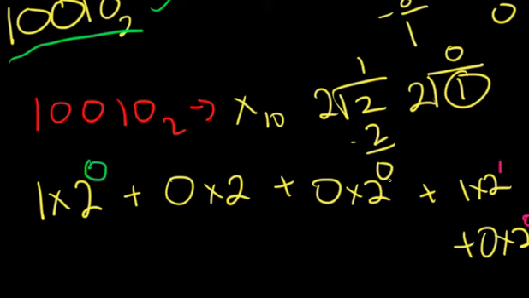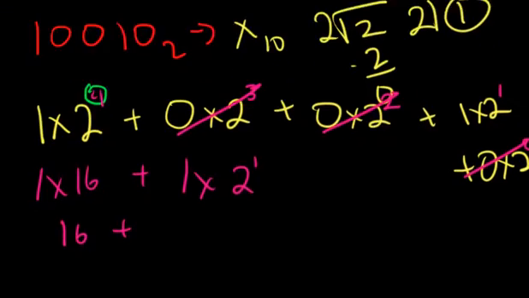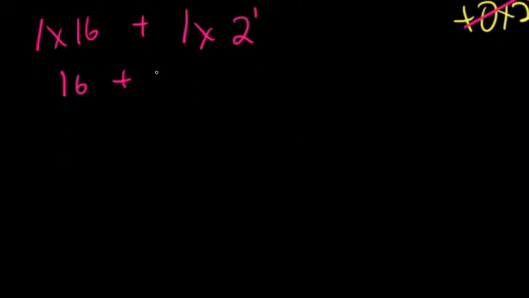Actually, the 2 is supposed to go on the 2, not the 0. So 2, 3, and 4. So 2 to the 4 is 2 times 2 times 2 times 2, right? So that would be 16. So 1 times 16 plus, these are all 0, plus 1 times 2 to the first, which is just 2. So now we've got 16 plus 2 equals 18, right?